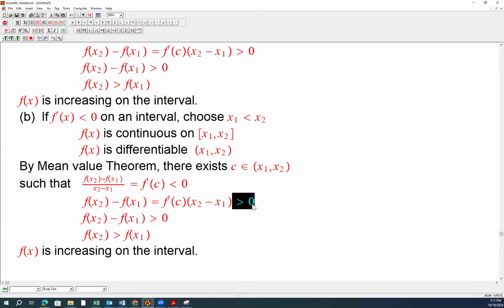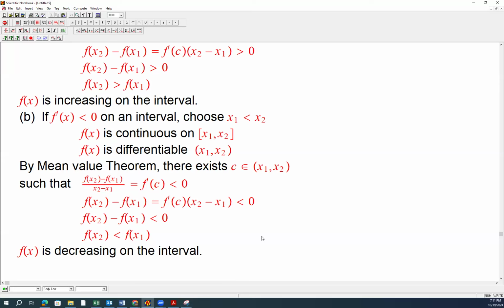So in this multiplication, we're going to have f of x2 minus f of x1. This piece is negative, but this piece is positive. And negative times positive is going to be negative. As a result, this is negative, and f of x2 is less than f of x1. Therefore, f of x is decreasing.